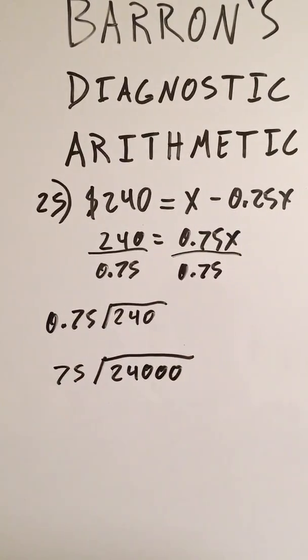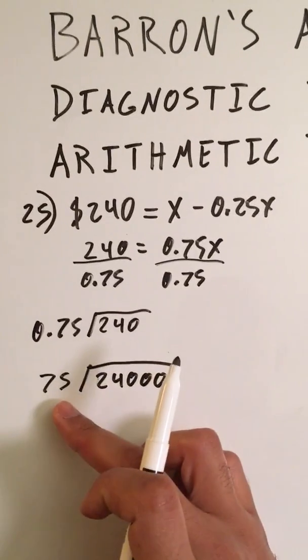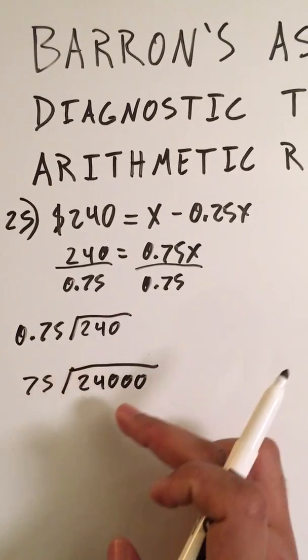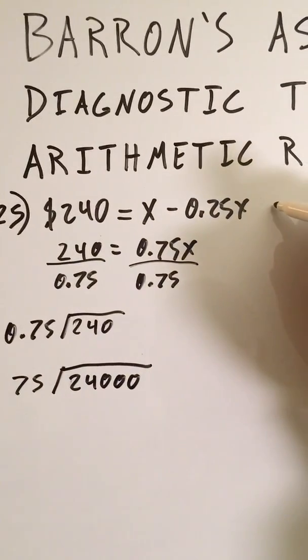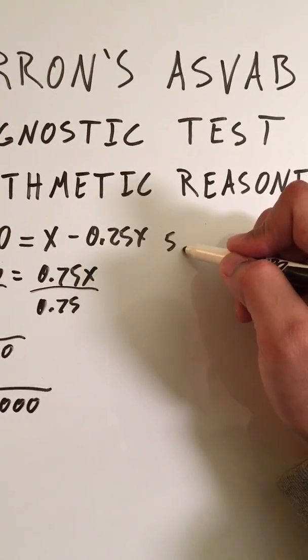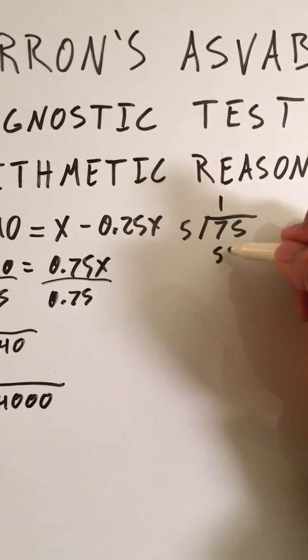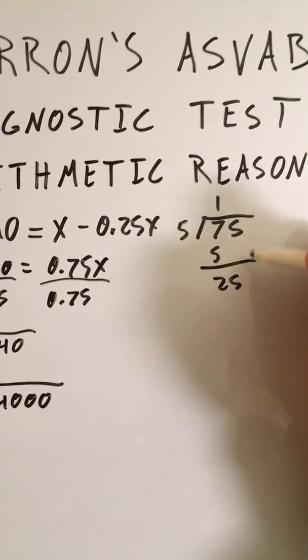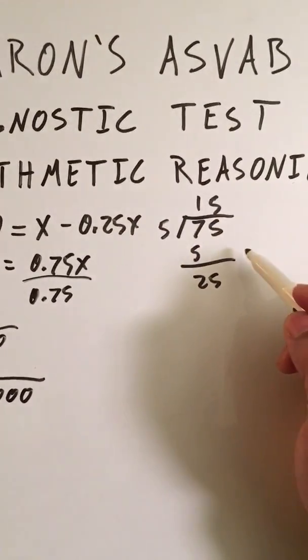And then we can actually go ahead and reduce this, because we see that there's a 5 here and a 0 here, so that means that both sides are divisible by 5. So we have 5 goes into 75 how many times? It's 15. 5 goes into 25 5 times. 5 goes into 75 15 times.